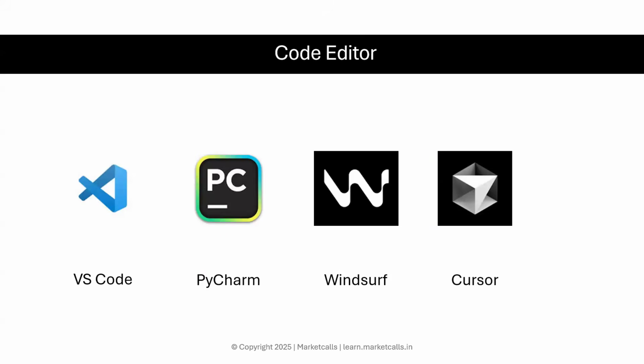And the code editor we will be using is VS Code. VS Code is from Microsoft, right? Microsoft's VS Code is the number one coding tool used by developers across the world. But recently, Windsurf and Cursor, which are nothing but forks of VS Code.